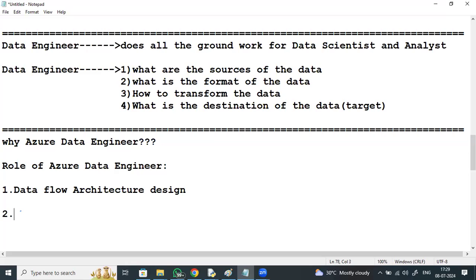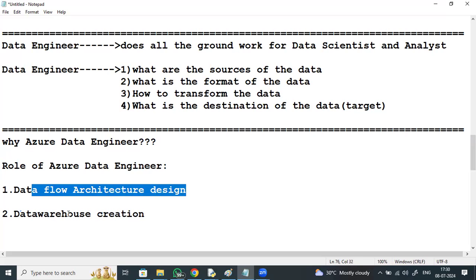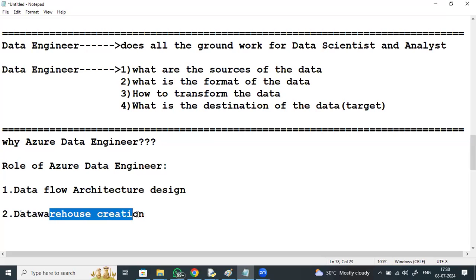Secondly, data warehouse creation. Data warehouse creation means data engineers create the data warehouse for storing analytical data, so it will be very easy to query the data for data analysis.